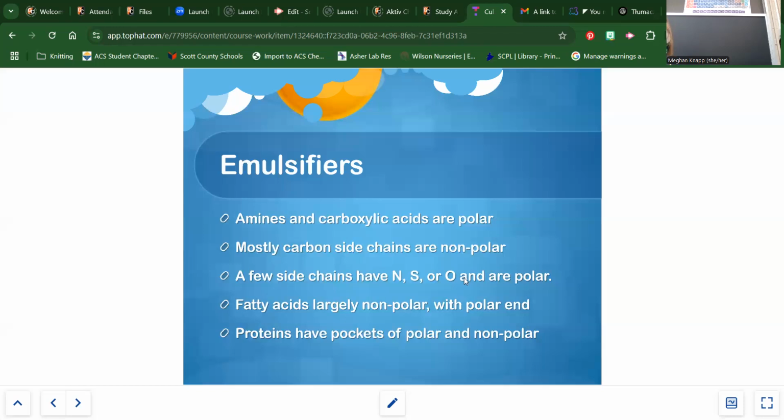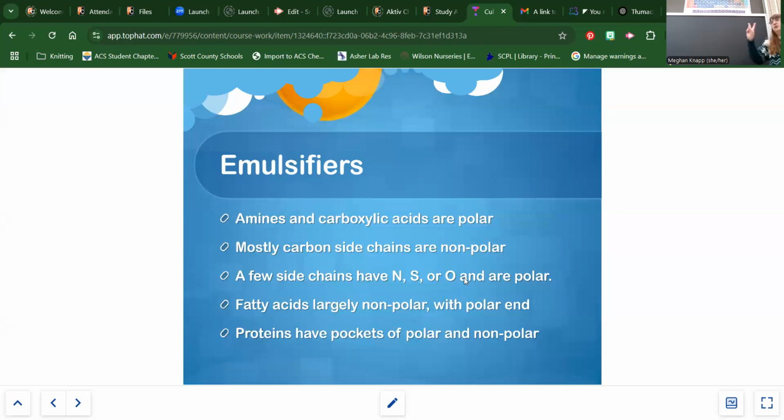Okay, so the non-polar parts trap the air molecules. The polar parts have the water, which is what makes the egg white runny. As you whip it up, you get some of that water to dissipate out. And as you cook it, most of the rest of the water goes. All right, so proteins serve as emulsifiers because they have pockets that are polar and pockets that are not polar.